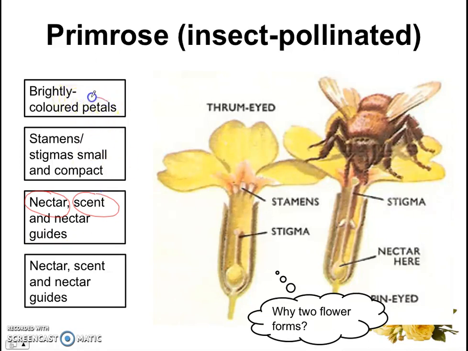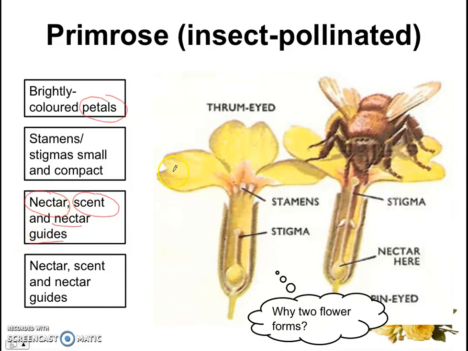And all these serve to attract pollinators, to attract insects like the bee or butterflies to the flower, so that the insects would carry some of the pollen. As they're drinking the nectar, some of the pollen rubs off onto the insect and they carry it to another flower.